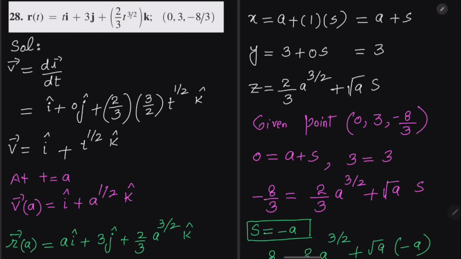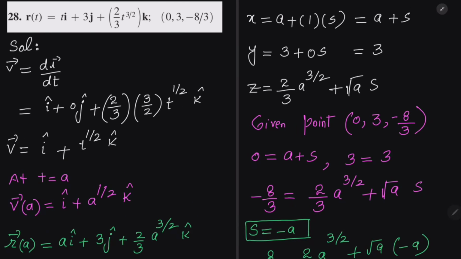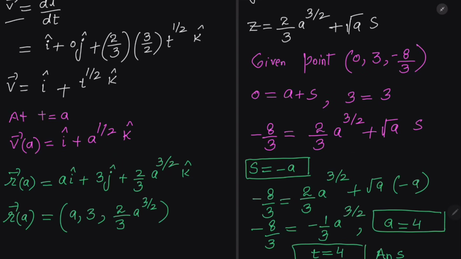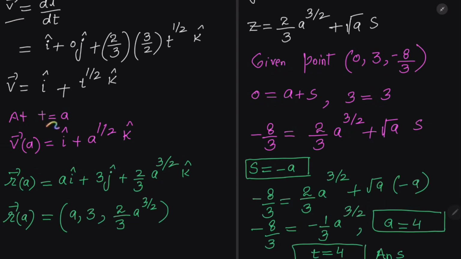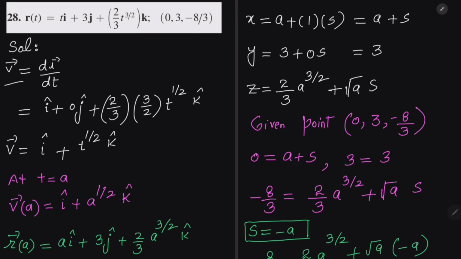Now question 28 follows the same steps that we did in 27. First, differentiate, since our aim is to reach the parametric form. So this is the velocity vector, put t is equal to a, then find the position vector, then find the parametric form.